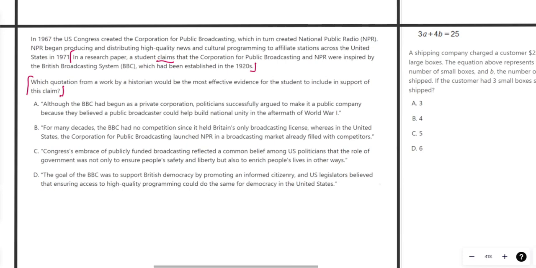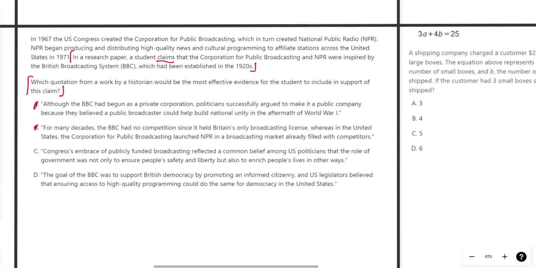Let's see, BBC had become a private corporation. Politicians successfully argued to make it public. That doesn't mention anything about those US companies, the Corporation for Public Broadcasting or NPR. BBC had no competition since it held Britain's only broadcasting license, whereas in the United States, the Corporation for Public Broadcasting launched NPR in a broadcasting market already filled with competitors.